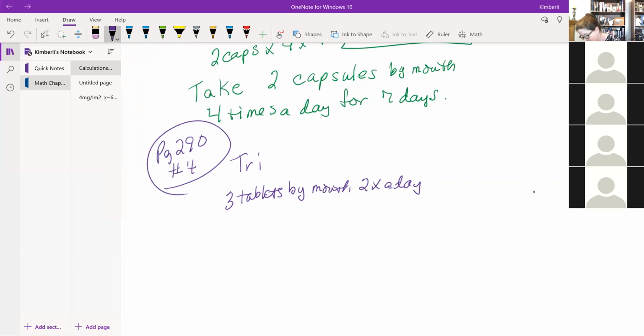Tranxene, Travatan, Tretinoin, Trileptal, 1058. Looked in the index and now I'm going to page 1058. And it is oxcarbazepine is the generic.